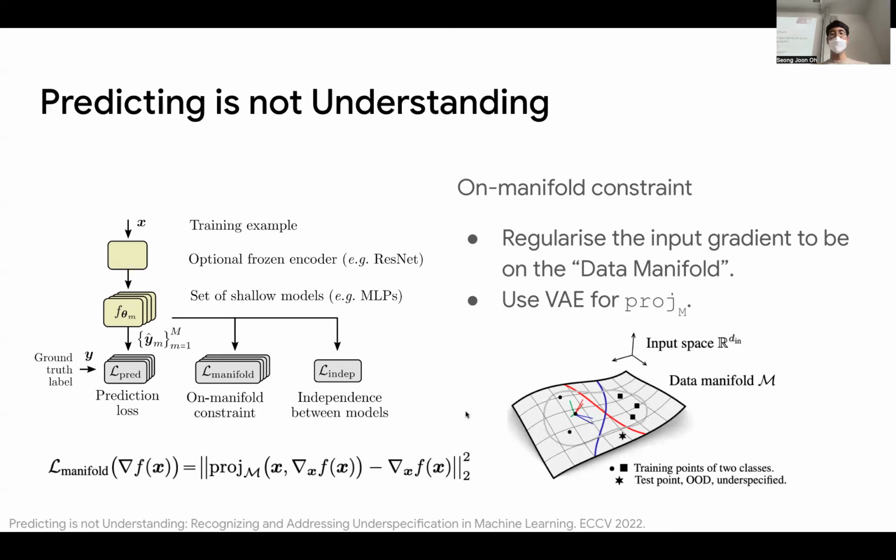So you can project your gradient to the relevant space in your data space. Then you take the L2 distance between this projected gradient and the original gradient, so you're forcing your input gradient to be aligned with the data manifold. Okay.